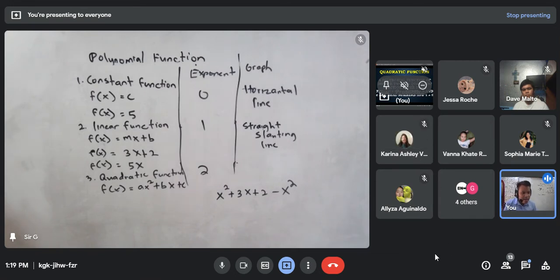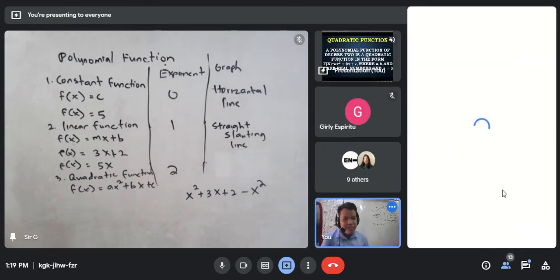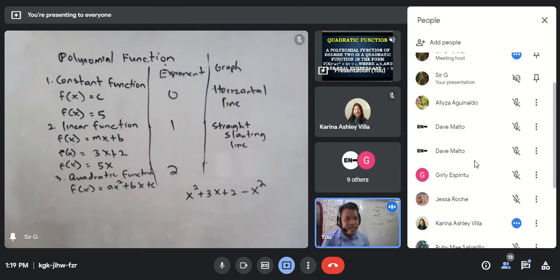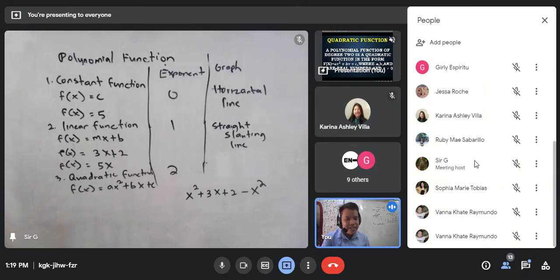Sino sumagot ng quadratic? Karina? Paano mo nasabi? Ay, hindi ba? Sino yung... si Girly ba yon? Sino yung sumagot? Quadratic. Sino yon? Yung kanina, yung nagsisir. Anong sagot mo, Bana?